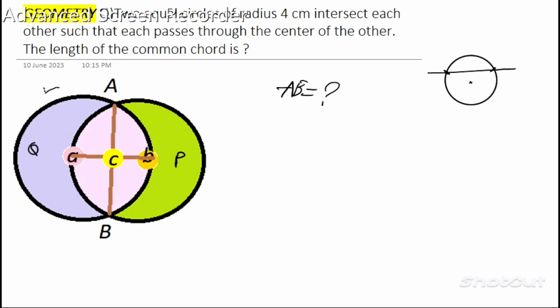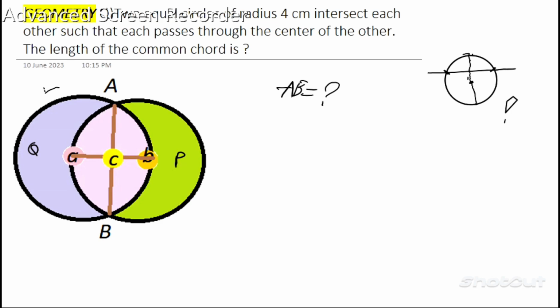That is known as a chord. Okay, this should be the center. A chord that passes through the center of the circle is known as? It's known as a diameter. Okay, so yeah, that's a chord.